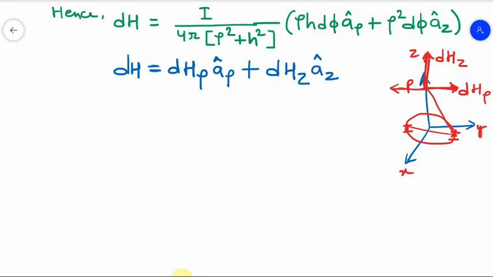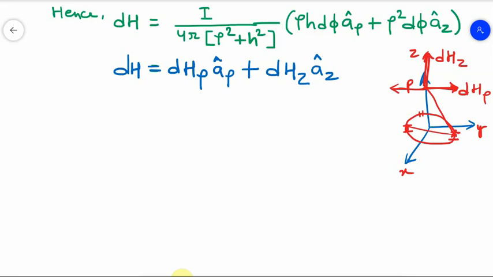So this dh rho as a whole will be cancelled out due to these equal and opposite components.